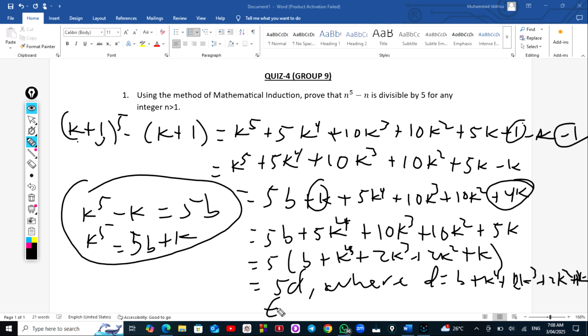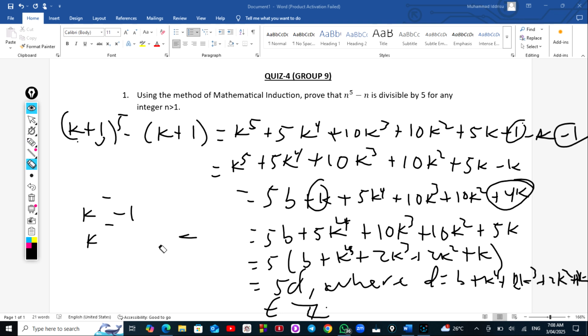So it's in the set of integers. So we can see that k plus 1 all to the power 5 minus k plus 1 is also giving us some 5 multiplying another integer d.